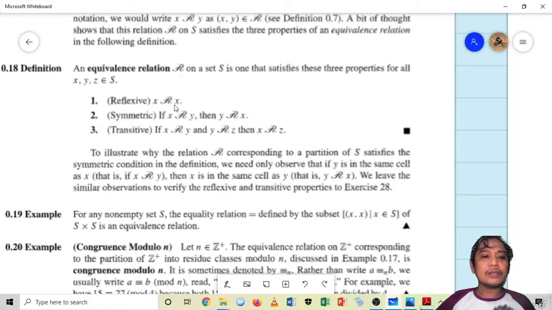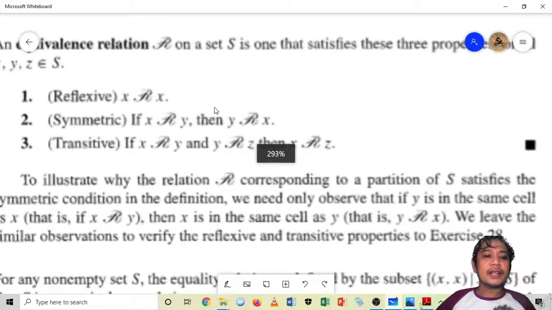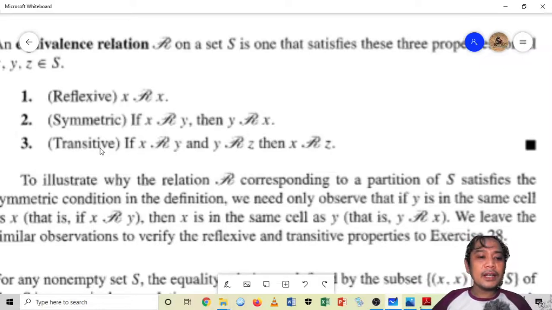The relation is said to be symmetric if it so happens that x is related to y, it should follow that y is also related to x. And the relation is called transitive if x is related to y and at the same time y is related to z, it should follow that x is related to z. If such is true, then we say that the relation R is transitive.